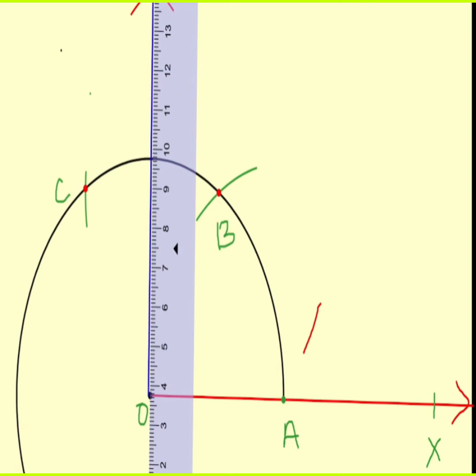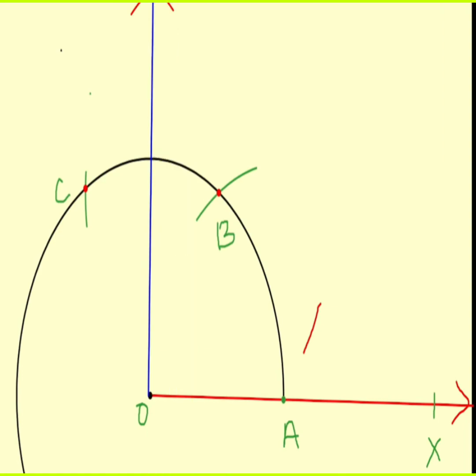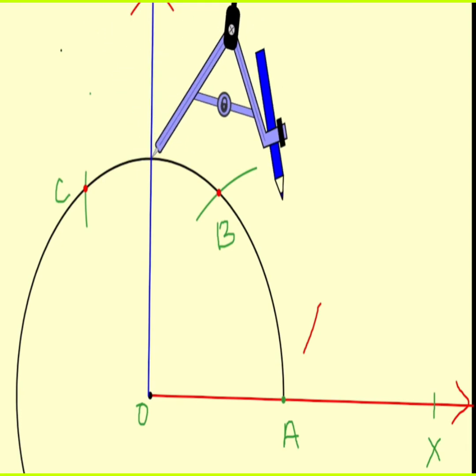But our aim is to construct angle 45 degrees. So what to do? Once again we will take the compass and place the pointer of the compass at this point of intersection, and now you will draw the bisector of 90 degrees.